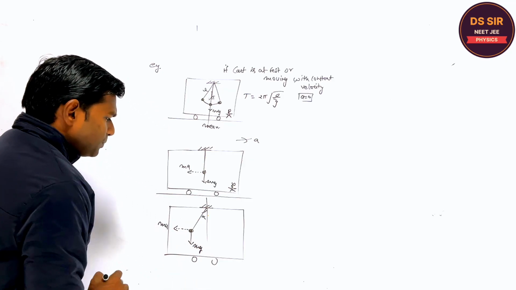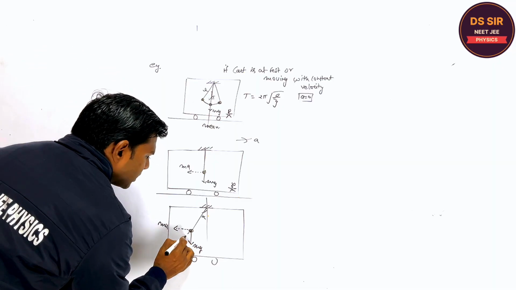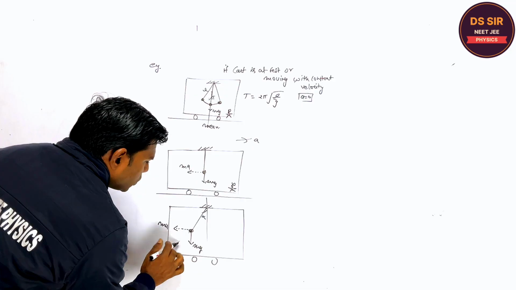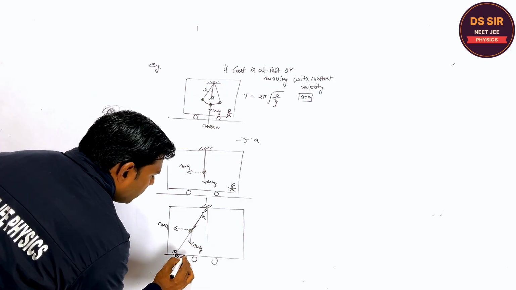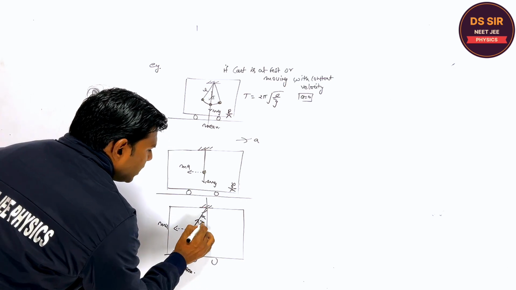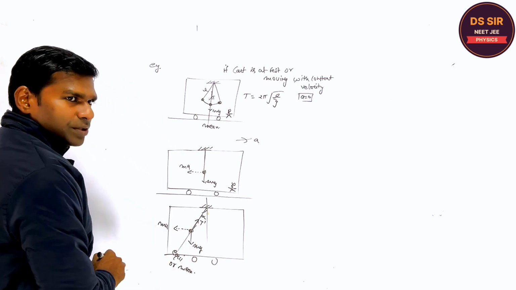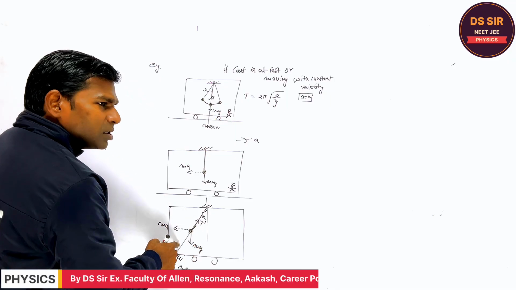So this is mg. This is the equilibrium position. Now it is at rest. Are you getting or not? This is the equilibrium or mean position, you can say, such that the tension T dash, ma and mg, because of all three forces, the net force is 0.